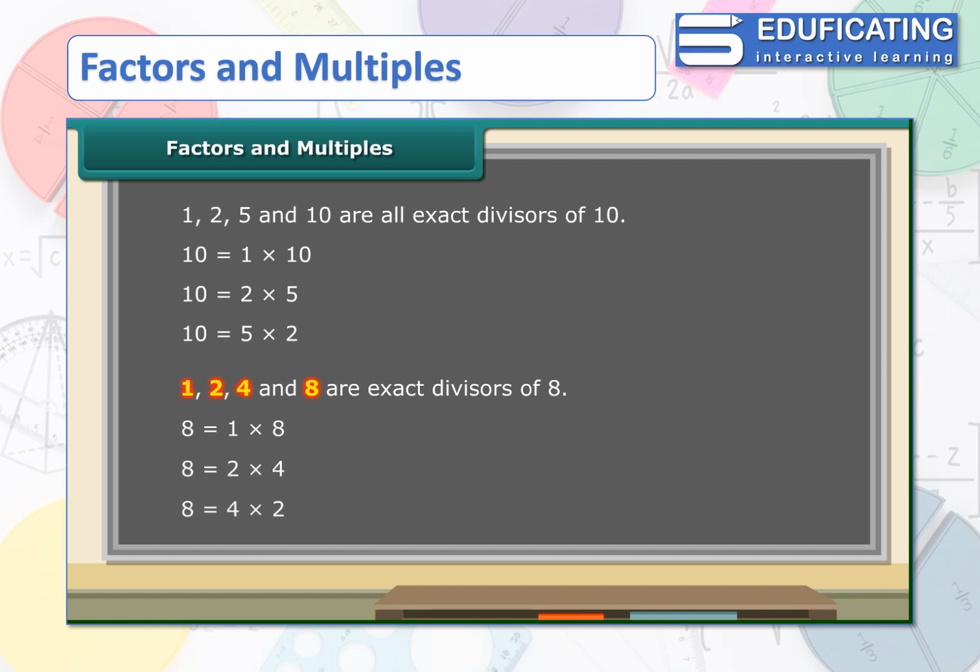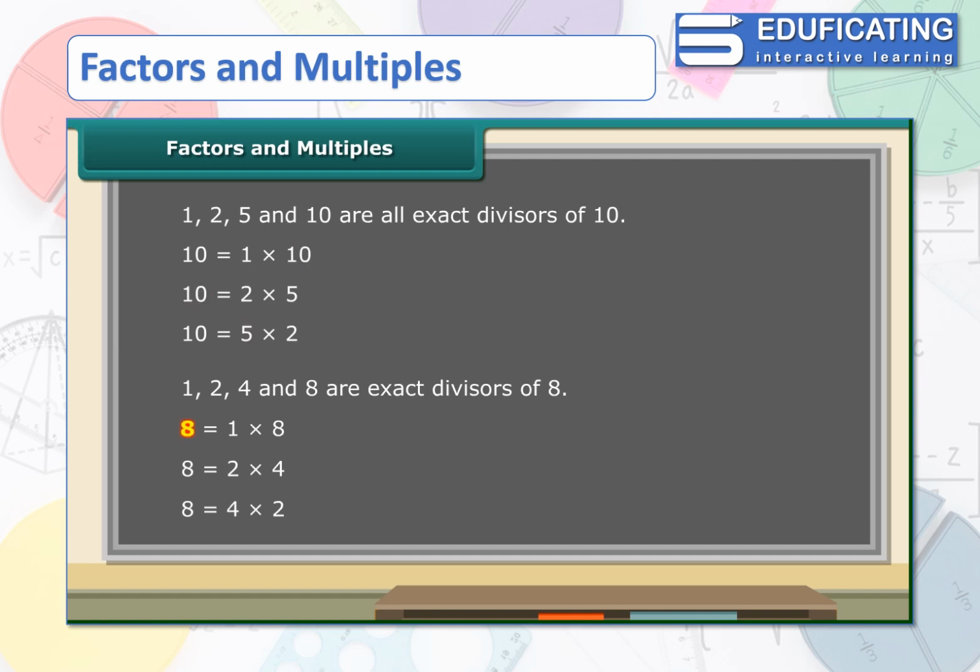You can see that factors are always smaller than or equal to the number itself. Number 10 is the product of 2 and 5. It is also a product of 1 and 10. Therefore, 10 is a multiple of 1, 2, 5, and 10.